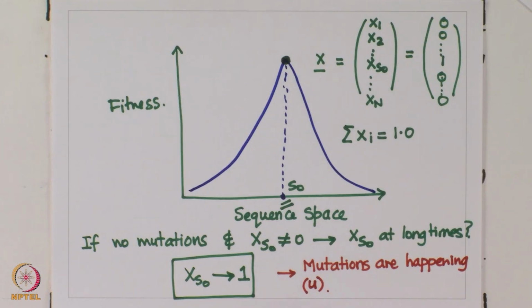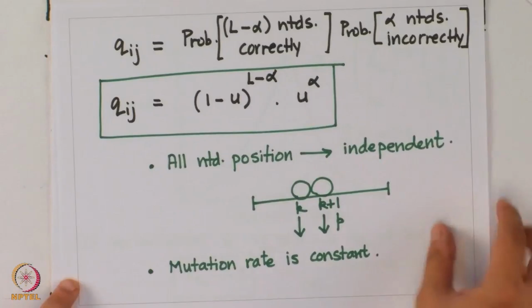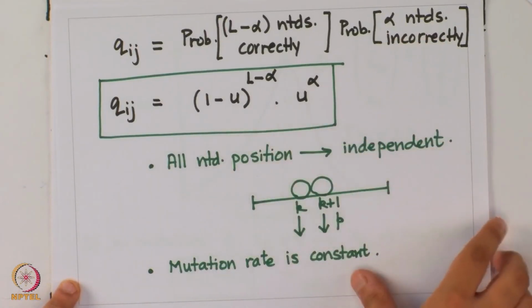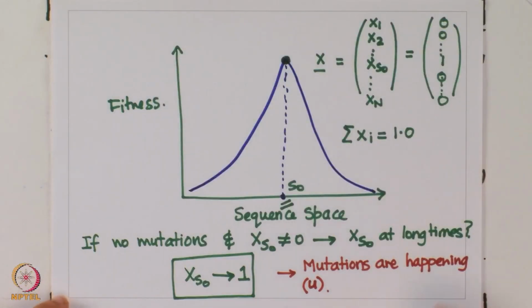This is the same u that we had defined in the last slide, that the probability that a nucleotide is copied incorrectly is u. So, now from a 0 mutation rate, we have moved to a non-zero mutation rate. And I want you to imagine what would be the steady state population in such a system. Again, take a few seconds and think about this.